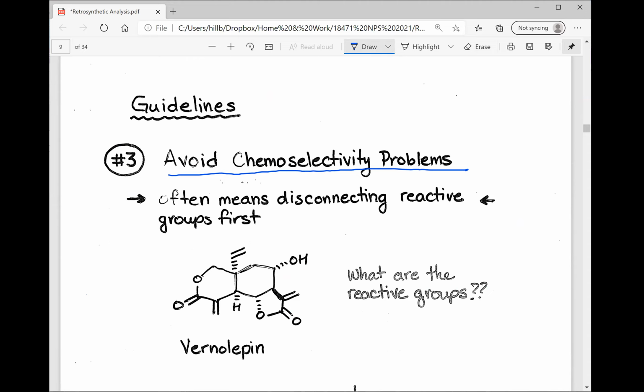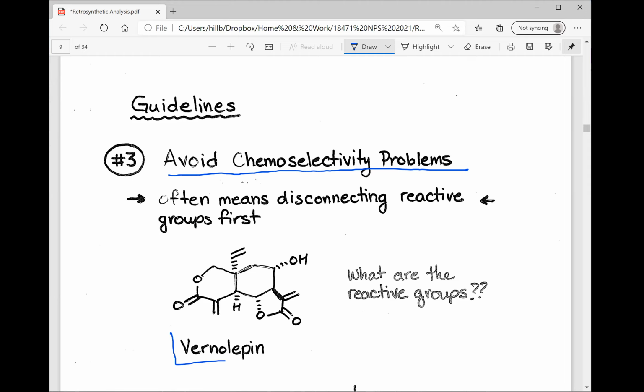What this means is that you want to disconnect the most reactive groups at the start, so you add reactive components at the end, because if they're present in your molecule, you always have to worry about side reactions.